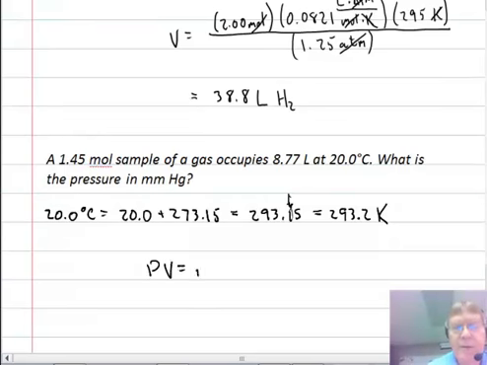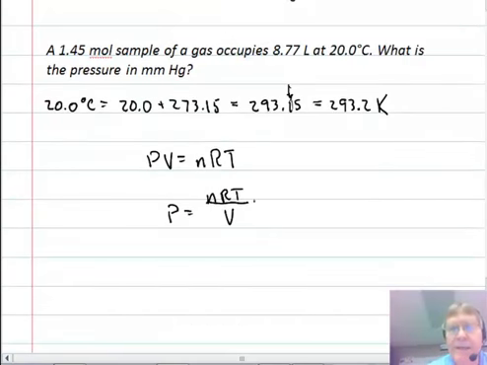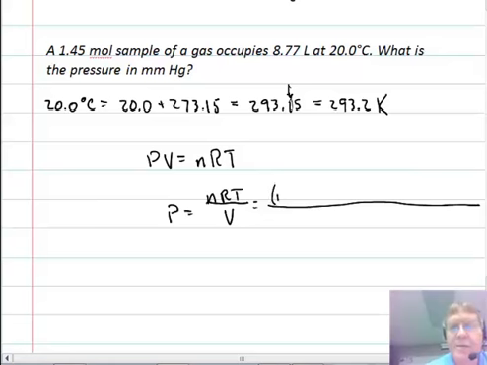All right, then we'll start with our PV equals nRT. And we want to calculate P. And so we get P equals nRT over V. And again, we'll put our numbers in here. N is 1.45 moles. I'm going to write a little smaller here because I don't have as much space.